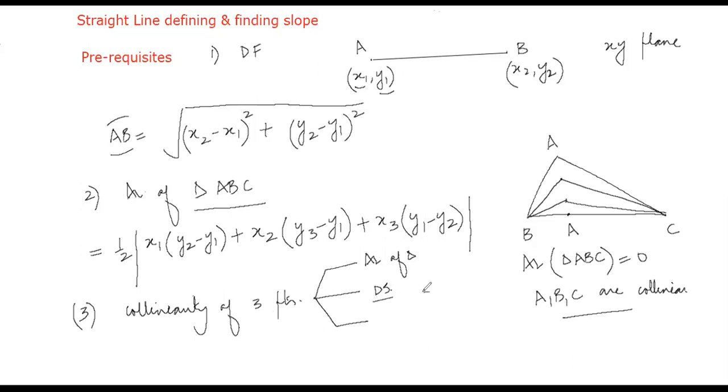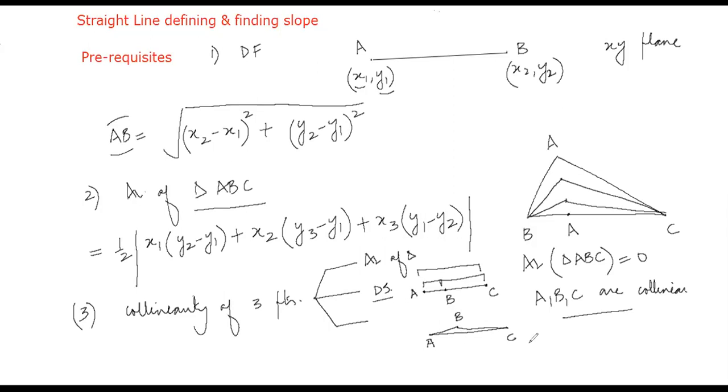How? Let's say this is the line, points A, B, and C. In case 3 points are collinear, the distance AB plus distance BC would always be equal to AC. But students, in case B is slightly above AC, then you cannot say AB plus BC is equal to AC.